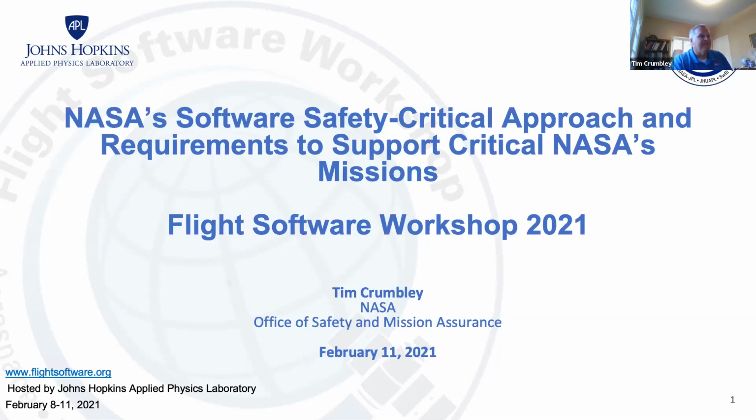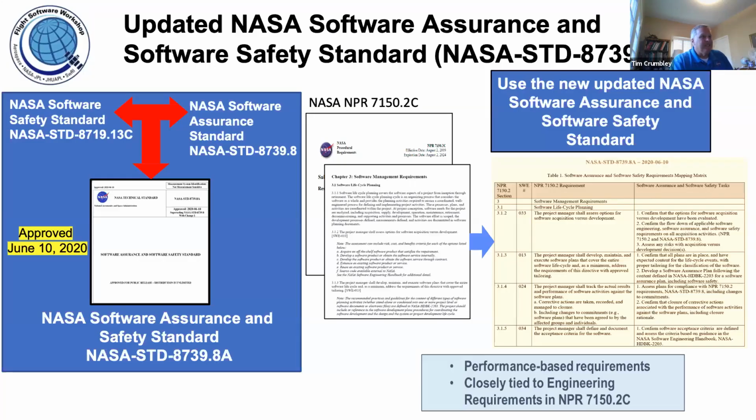We've recently updated our standards. We used to have a software assurance standard and a software safety standard at NASA. We've combined both into a single standard, now titled the NASA Software Assurance and Safety Standard, which is publicly available to anybody that wants to see it.